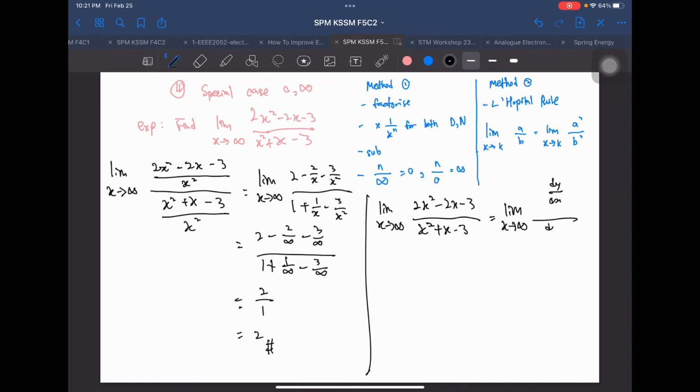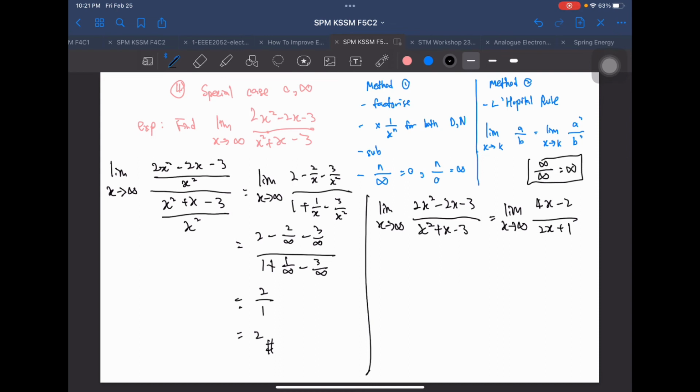So what is the derivative of the upper part? If you differentiate it, it is this. What is the derivative of the lower part? It is this. But then if you sub infinity here, you still got infinity over infinity, which is infinity. So this cannot solve this limit.